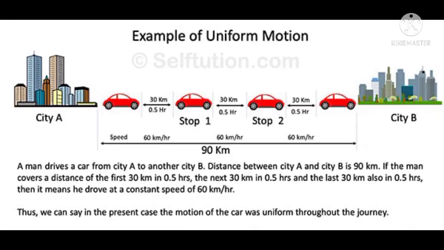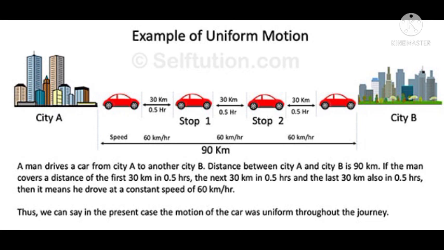Now, let's see uniform motion by means of an example. A man drives a car from city A to another city B. The distance between the two cities is 90 kilometers. If the man covers the first 30 kilometers in 0.5 hours, the next 30 kilometers in 0.5 hours, and the last 30 kilometers also in 0.5 hours, then it means he drove at a constant speed of 60 km per hour.